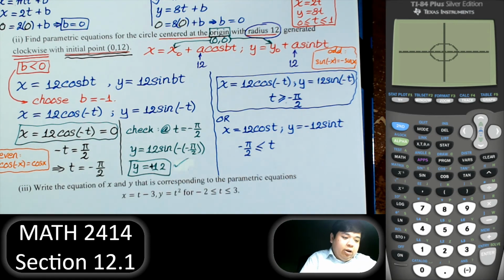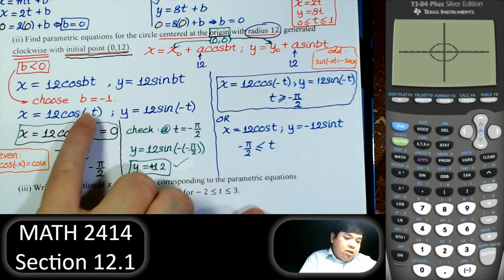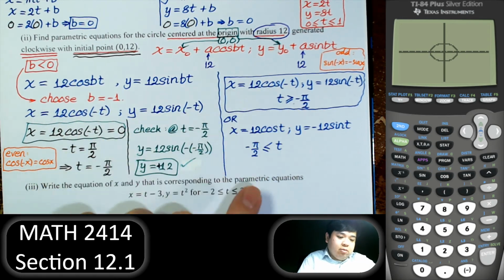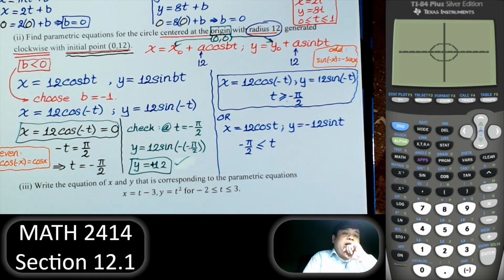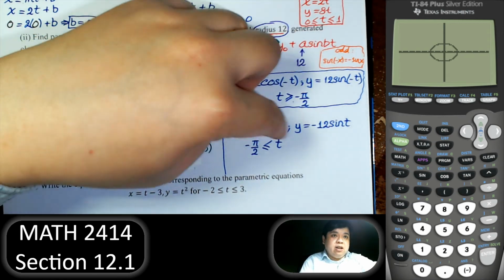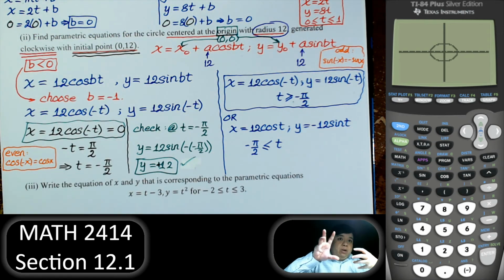Now, how fast does it go though? Now this is cosine of t and sine of t. If we go way back to trigonometry, we talk about the period. The period of cosine and sine is typically 2 pi. So the period here means that after a period it will repeat, going back to the original point.